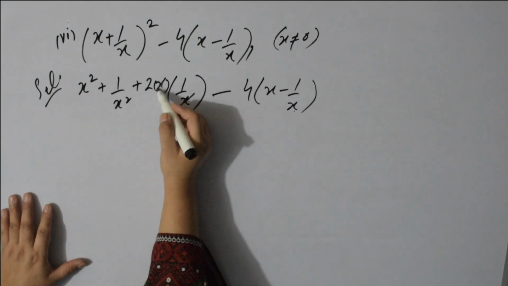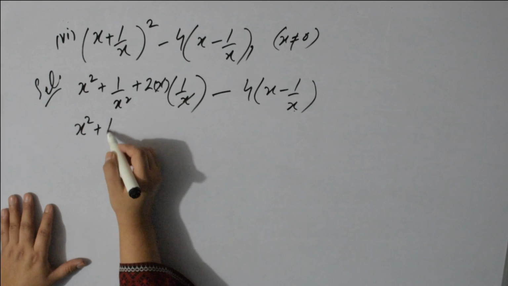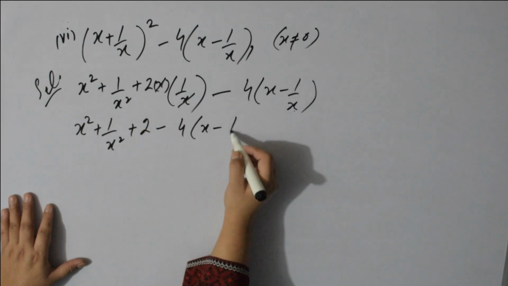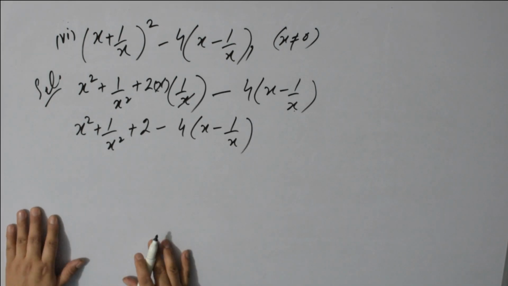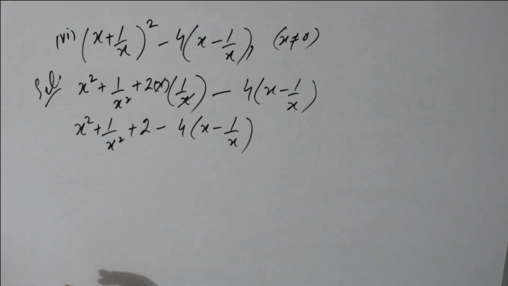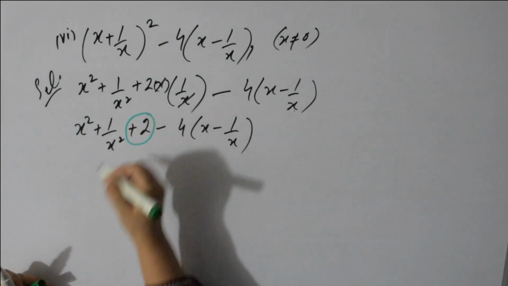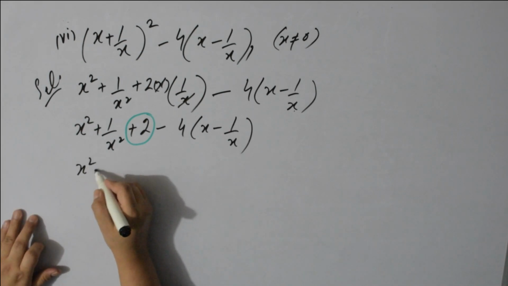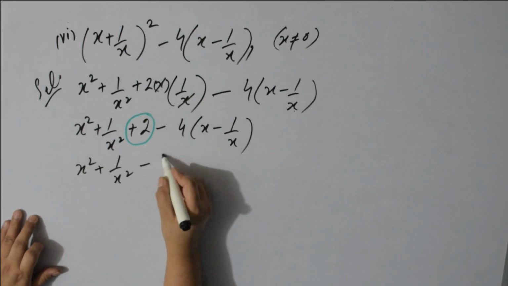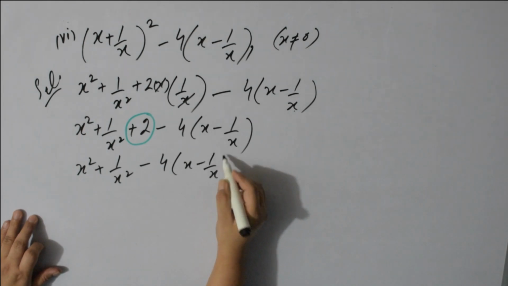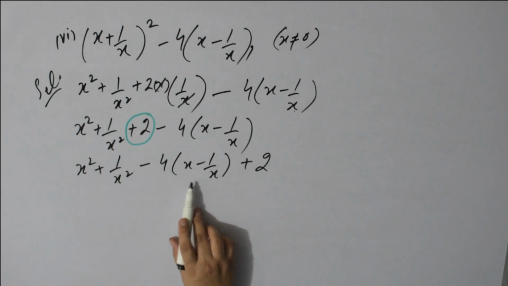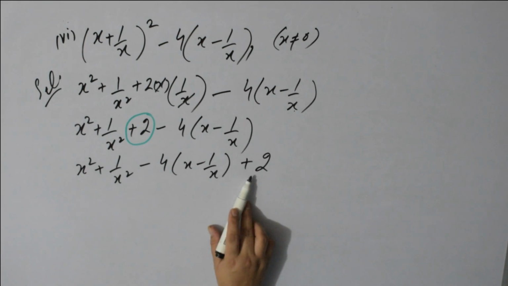Now cancel this x with this, x square plus 1 by x square plus 2 minus 4 into x minus 1 upon x, right. And you know this constant is present always at the end for middle term breaking, for applying formula. We take it to the end. Plus 2, I shift this plus 2 after this 4 into x minus 1 upon x term 2.